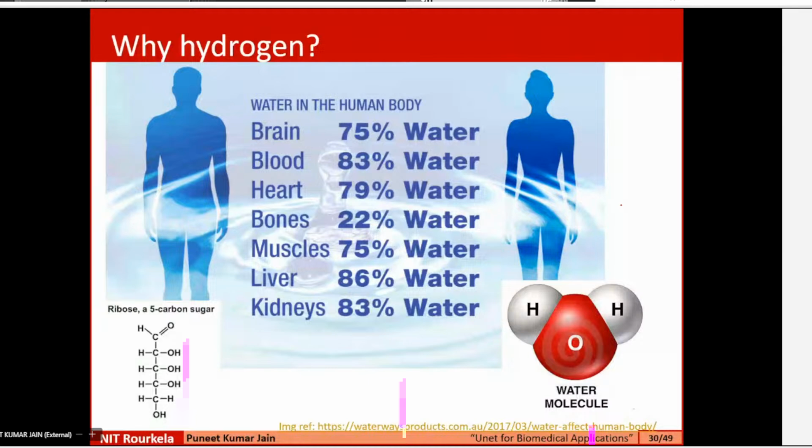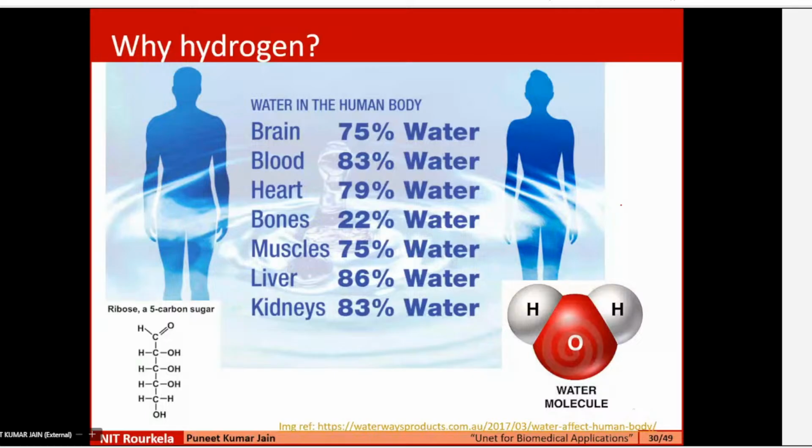So if the density of these molecules changes, their characteristics, when we excite these protons and we relax these protons, will change based on the density, right? And that's why if the density changes due to any abnormality in any particular organ, we would be able to observe it through the magnetic resonance effect, right?